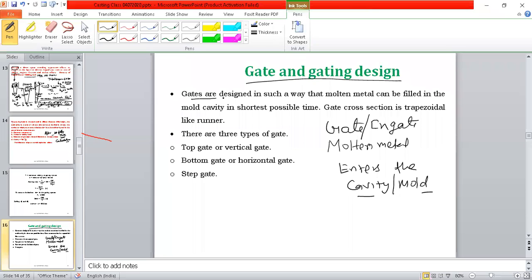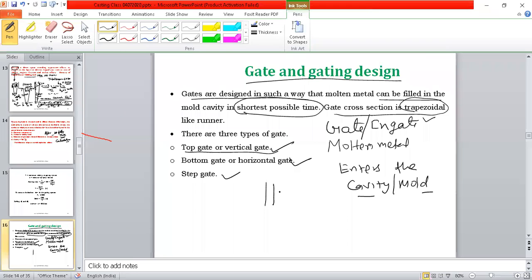So the gates are designed in such a way that molten metal can be filled in the mold cavity in the shortest possible time. The gate cross-section area is trapezoidal. So basically there are three types of gate: top gate, bottom gate, and step gate. As the name tells you, top or vertical gate means something will fall from the vertical.